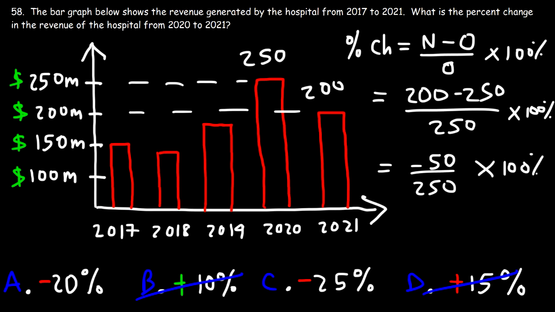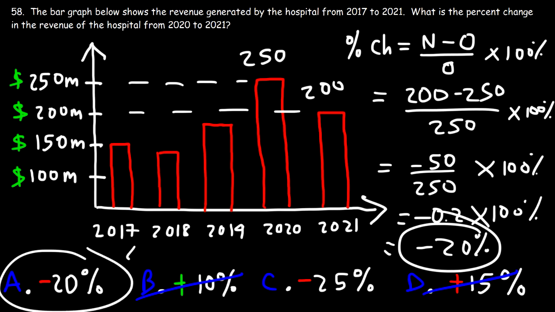And if we take negative 50 and divide it by 250, that's going to be negative 0.2. Negative 0.2 times 100% is negative 20%. And so that is the answer. Answer choice A is the right answer.